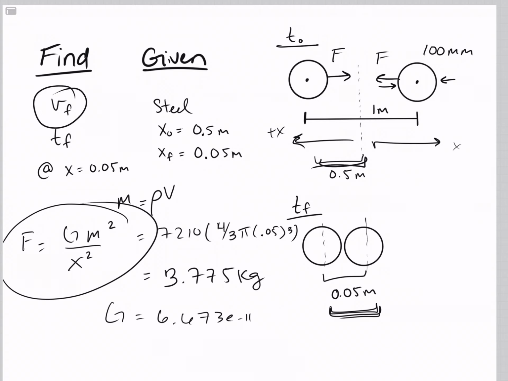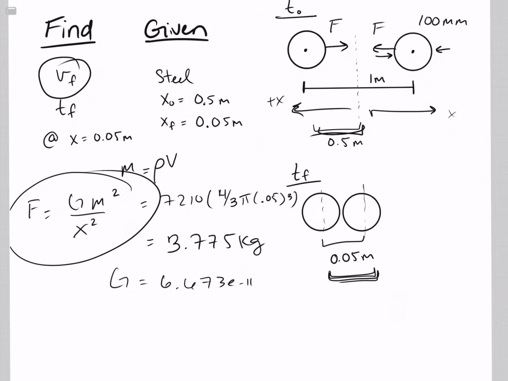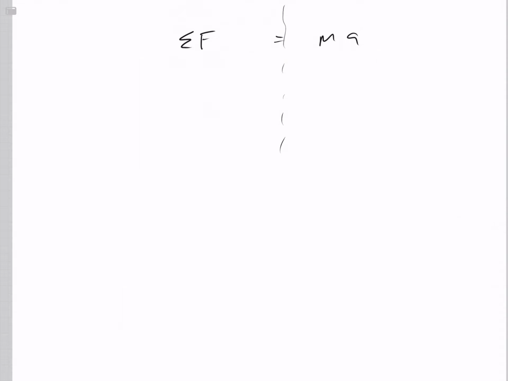the velocity. We'll solve for the velocity from F equals ma because we can convert acceleration as a function of distance and velocity. And like I've done before, I am going to separate this column where on one side we put all the forces and on the other side we deal with motion.